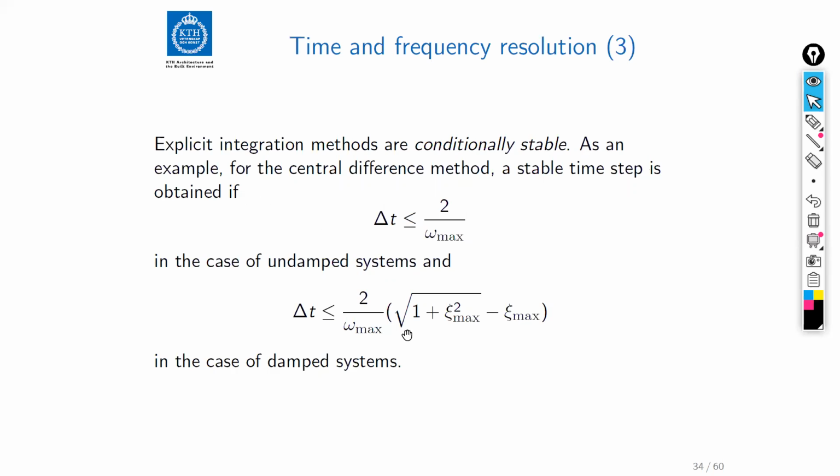What's interesting here and why I brought this up is that if you have a damped system, you have an even tougher criteria here, that you need to choose an even smaller time step. And this is for me quite counterintuitive, because I would expect the damping to sort of help the system become more stable.